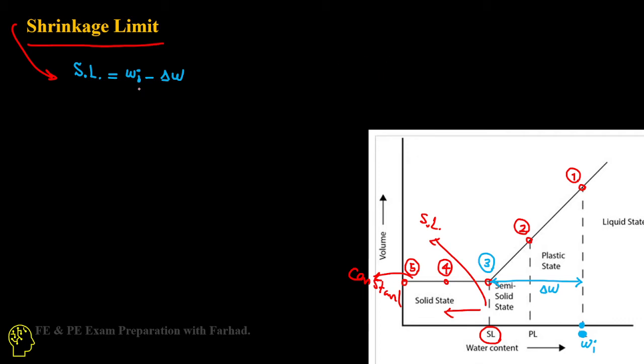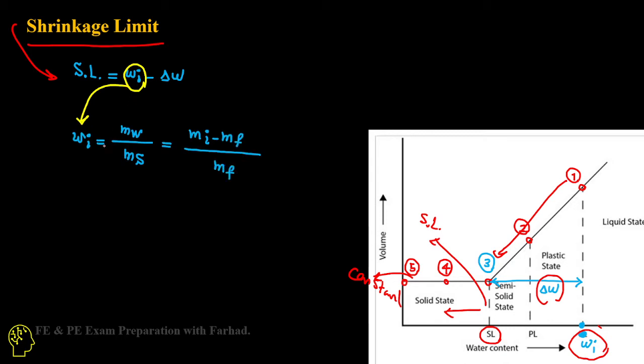If we're traveling from point 1 to shrinkage limit, initial moisture is Wi plus this amount delta W, and we reach shrinkage limit 0.3. So shrinkage limit is equal to Wi minus delta W.